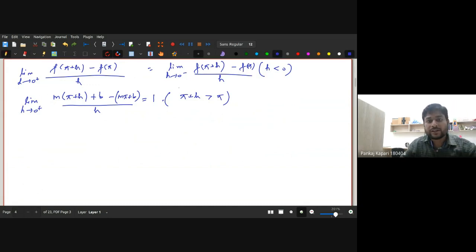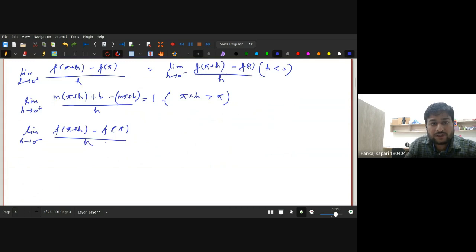Okay, now we'll find the left hand side limit, that is, the limit h going to 0 minus of f(pi plus h) minus f(pi) divided by h. And now notice that in this case h is negative, therefore pi plus h is actually less than pi.